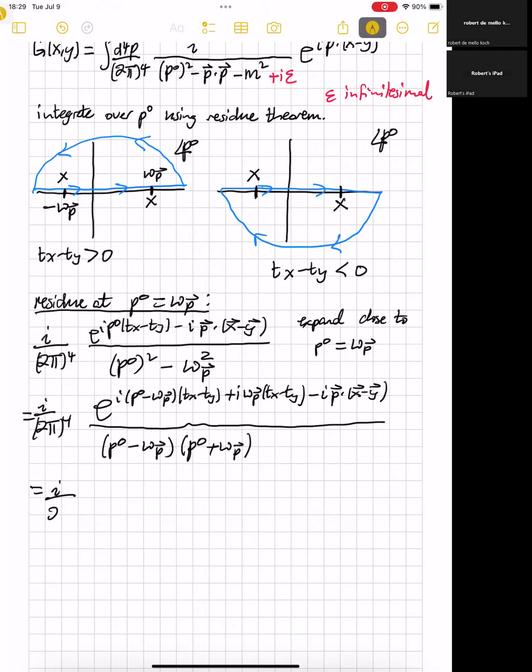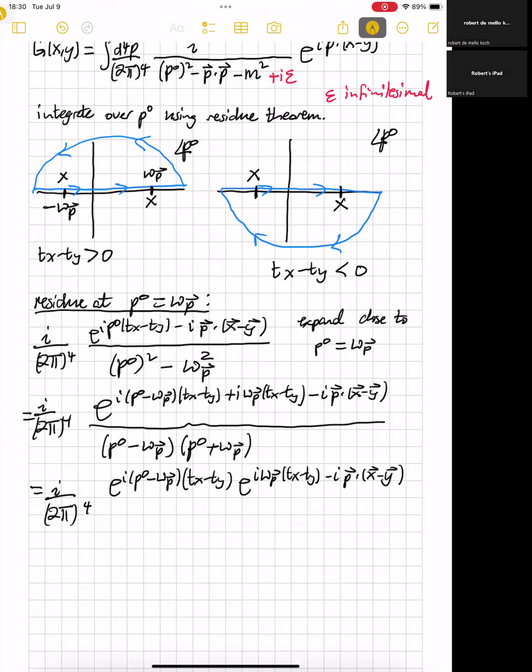Well, this is i over (2 pi)^4. We'll have e to the i (P naught minus omega P)(Tx minus Ty). And then we'll have the other stuff, which I'm going to separate off: e to the i omega P (Tx minus Ty) minus i P dot (X minus Y).